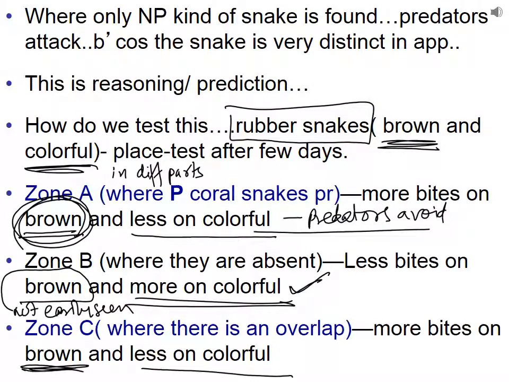So they try to find out with a test, like a field test they do. Okay, what do they do? There is an experiment that is devised. We take rubber snakes, brown colored snakes and colorful snakes, and we place them in different parts and test after a few days.